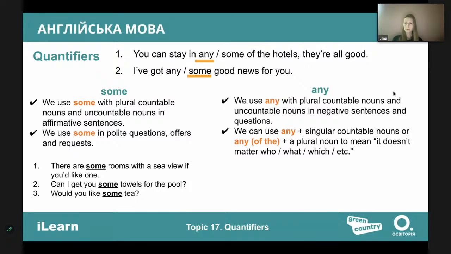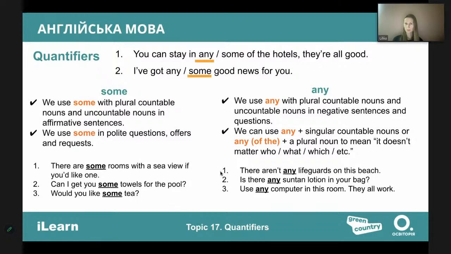But we use any with countable and uncountable nouns in negative sentences, I don't have any questions to you. And in questions, except for those polite questions, offers, and requests, окрім this category, right?